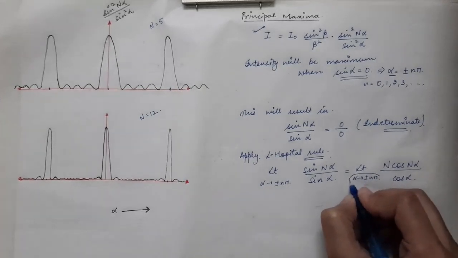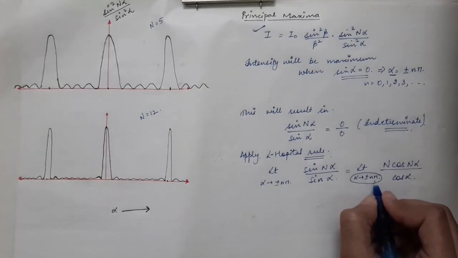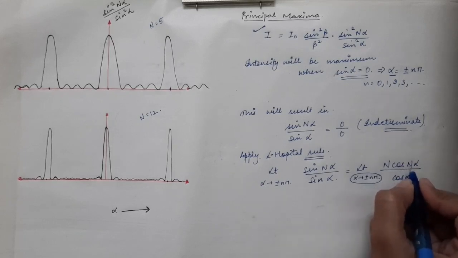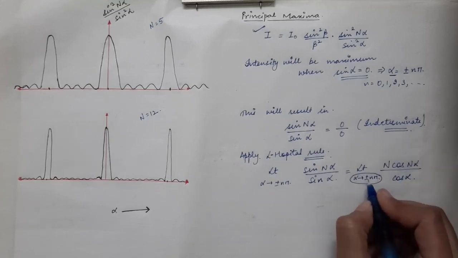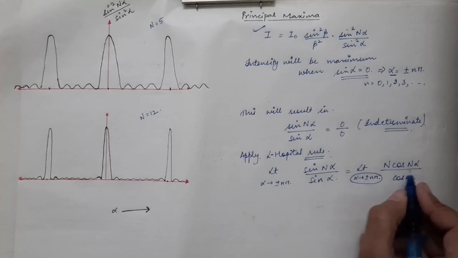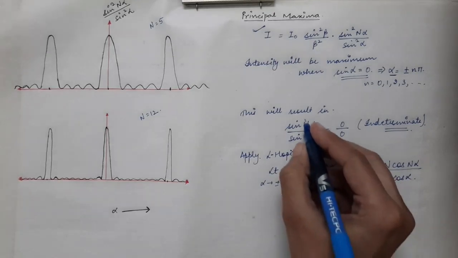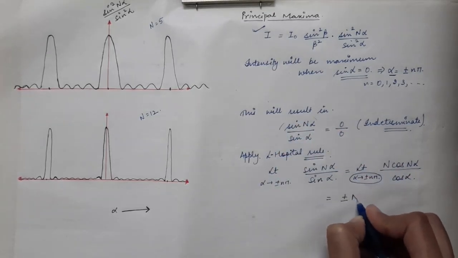Now when you put this limit of alpha over here, cos of plus minus n pi will be either plus or minus 1, and also cos of capital N alpha will also take values plus or minus 1. So when you substitute this limit after using the L'Hospital rule, this whole fraction will come out to be equal to plus minus n.